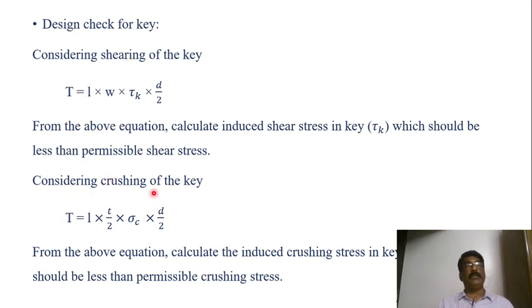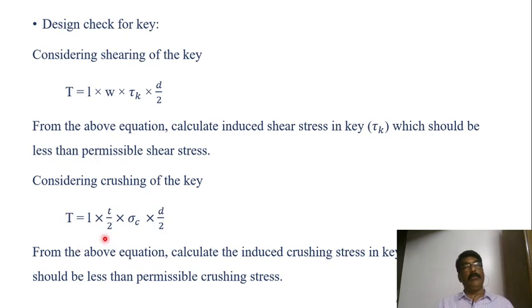Similarly, considering crushing of the key, we know that the torque transmitted T equals L into T by 2 into sigma C into D by 2, where L is the length of the key, T is the thickness of the key, sigma C is the crushing stress for the key material, and D is the diameter of the shaft.